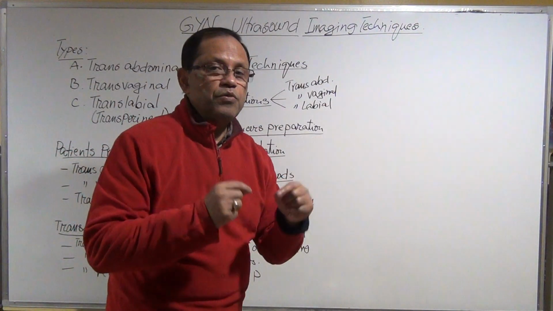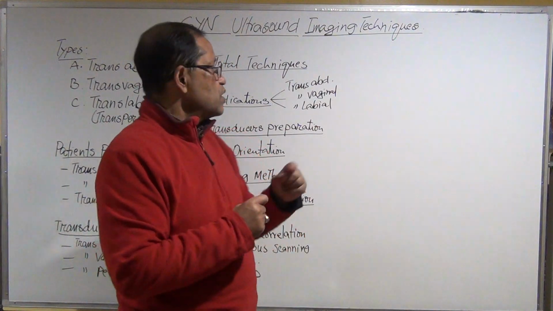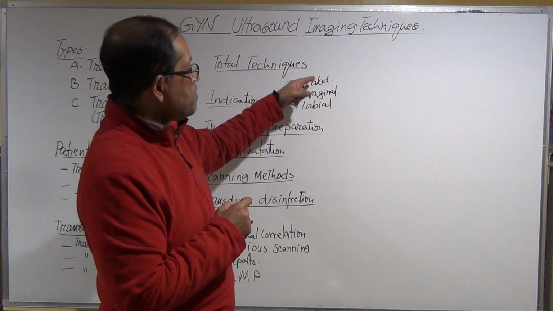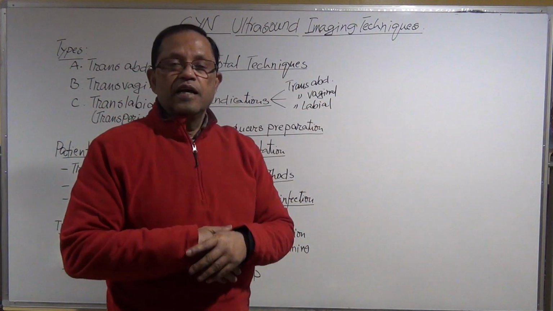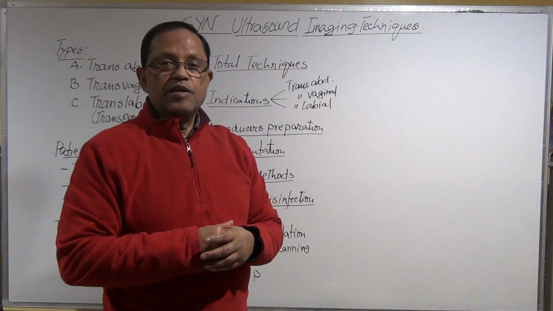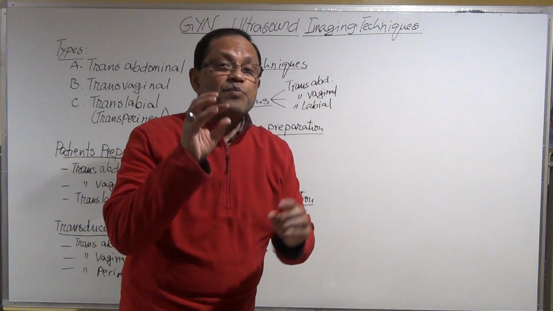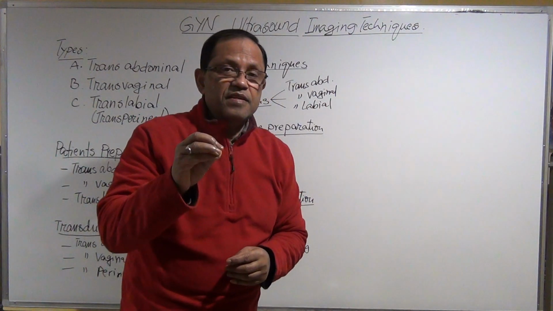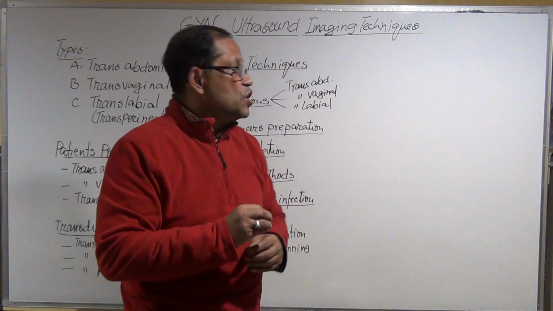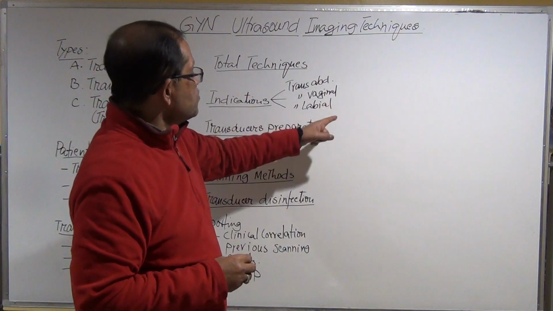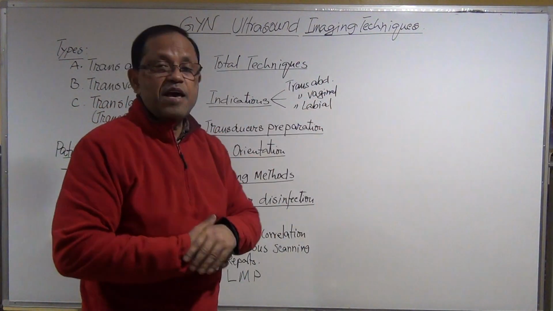Make sure you know that not everybody will have these three with any condition. No, there are specific reasons, a specific indication for the use of transabdominal, transvaginal and translabial.